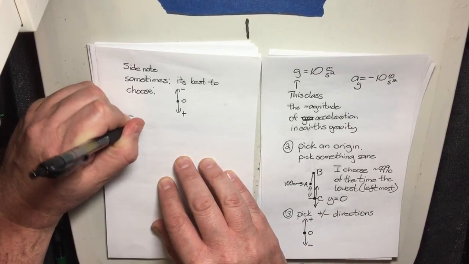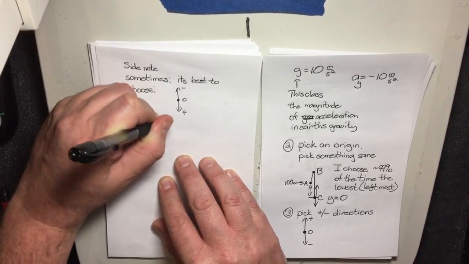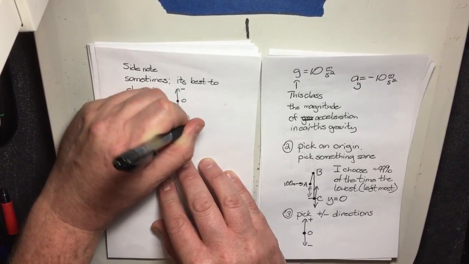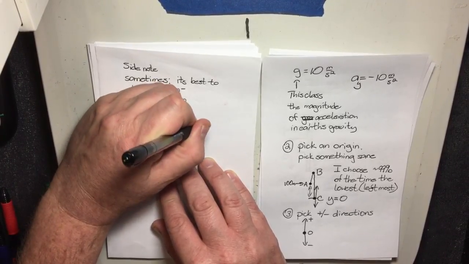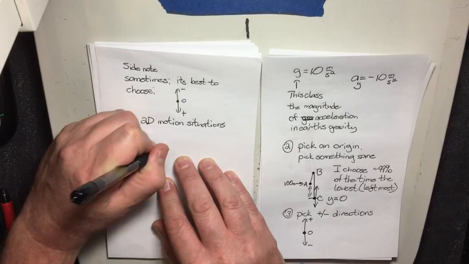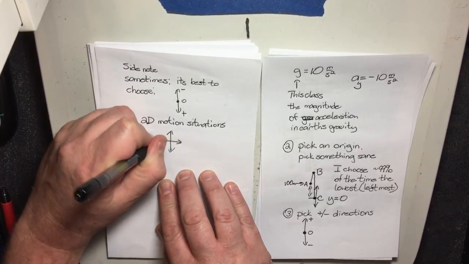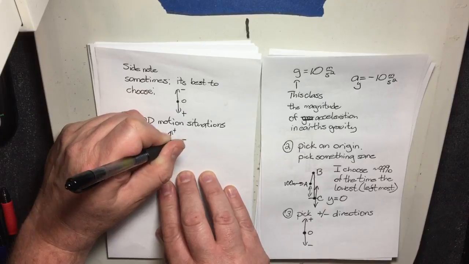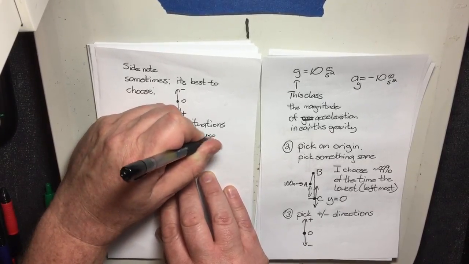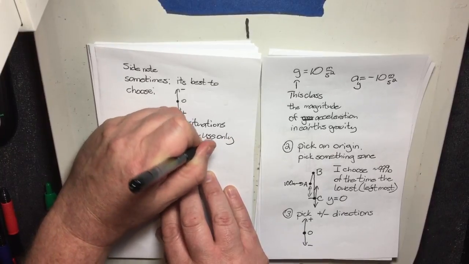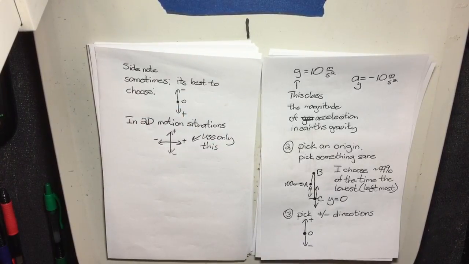In 2D motion situations, use only this. It is possible to use different types of labeling for your axes, you could set up as negative and left as positive, but it really does cause confusion.